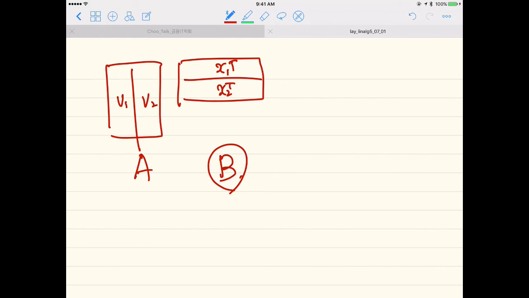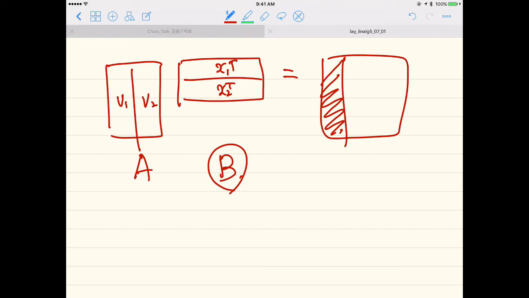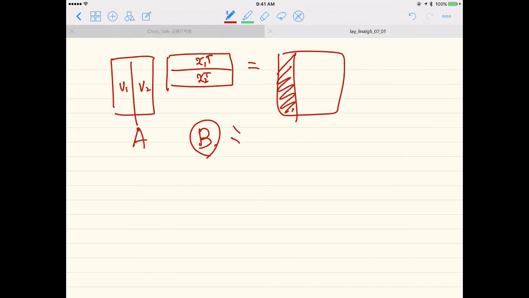In the previous case, if we view the product column by column, the first column is formed by the linear combination of these two coefficients, using these two as basis vectors. That's what we used. But now we have a different view. In this case, we can write it as v1 x1 transpose plus v2 x2 transpose.